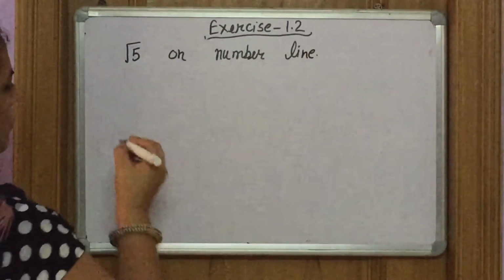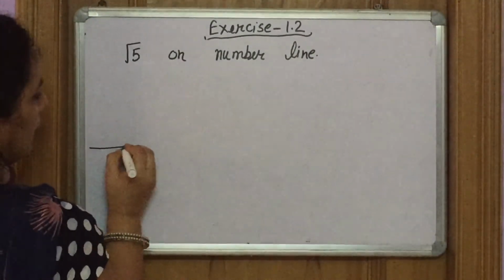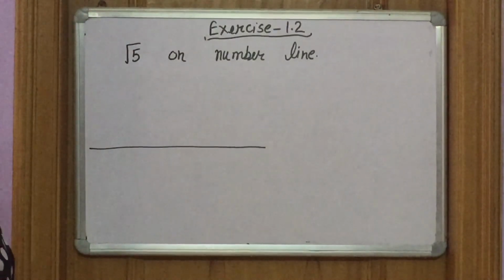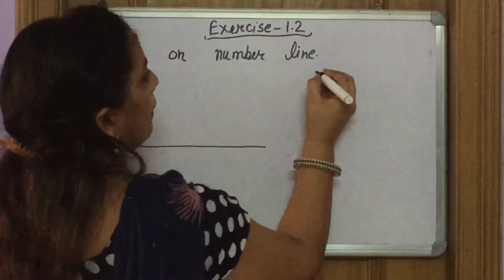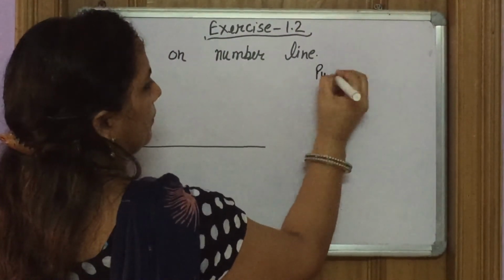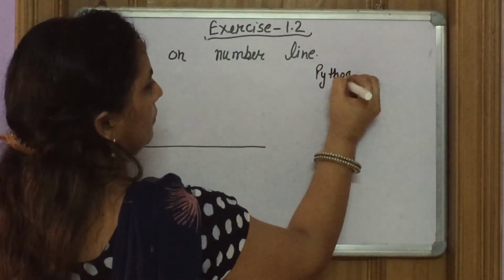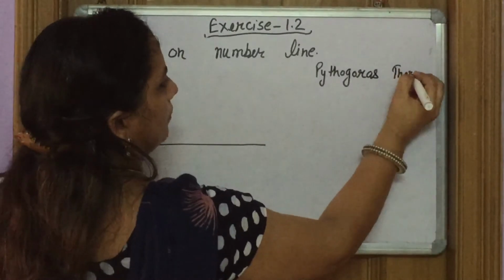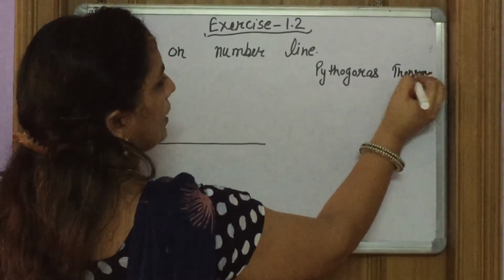For this purpose, first of all, draw a number line. To show this number on a number line, we will use the Pythagoras theorem.